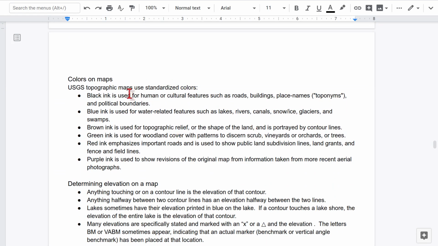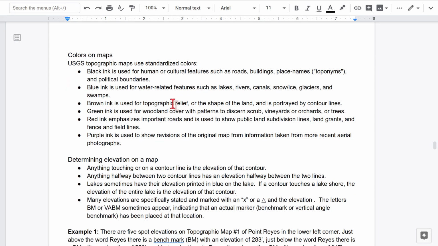USGS maps have colors that they use for different features. Black is for human or cultural features like roads or buildings. Blue is for water. Brown is for contour lines. Green indicates woodland color. They have different patterns in the USGS symbols PDF, there's a link to it in the assignment. You can tell the difference between scrub and vineyards and orchards or forest based on the pattern that they use on the map.